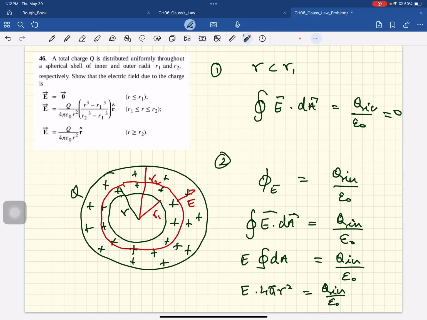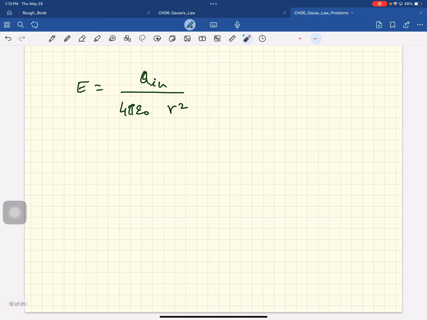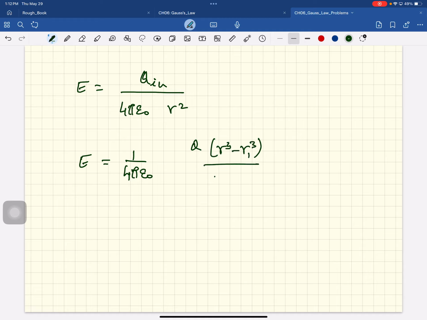You can extend this argument to this surface as well, and once you're outside, it behaves like a point charge with the total charge. So in between, let me put that expression. E equals 1 over 4 pi epsilon naught, times Q into R cubed minus R1 cubed divided by R2 cubed minus R1 cubed, over R squared. This was the charge inside.